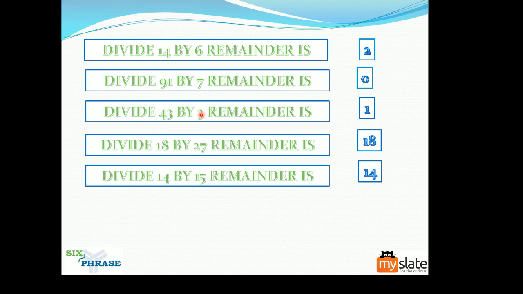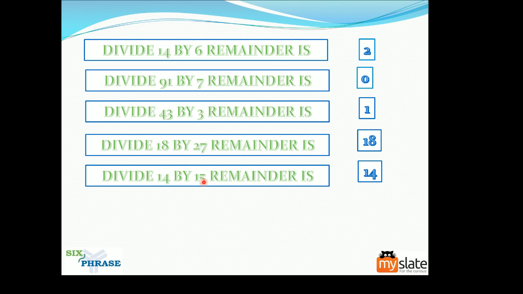In the first three, the dividend and the remainder were not the same: 14, 2; 91, 0; 43, 1. But in the last two, 18 and 18, same. 14 and 14, same.